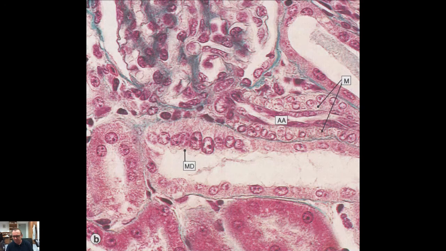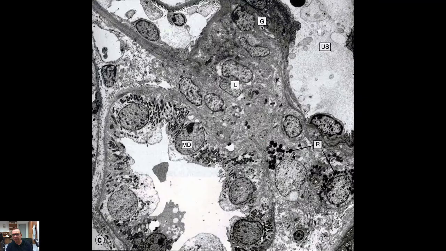Again, typical arrangement of columnar cells in this part of the distal tubule, so macula densa, lumen of an arteriole, so we can be sure that here must be some juxtaglomerular cells, and only when we use electron microscopy can we see electron dense granules containing renin in the cytoplasm of the juxtaglomerular cells.